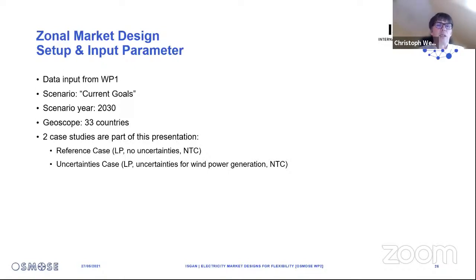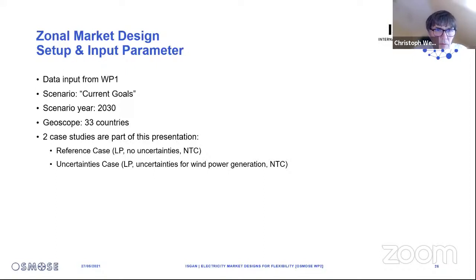We take results from one scenario, which reflects the current objectives of the European Union in terms of decarbonization, and the scenario year 2030. We model EU 27 plus major neighboring countries, 33 countries in total.